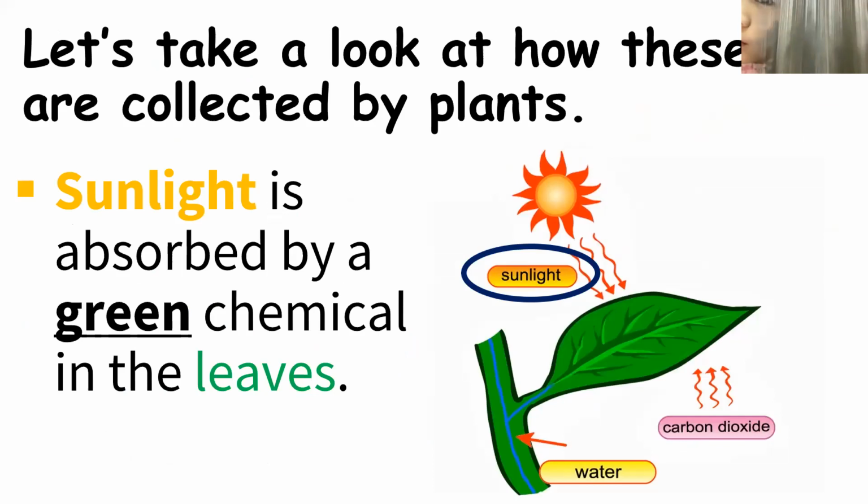The water will be absorbed by the roots and the stem will carry it to the leaves, and then the carbon dioxide is absorbed by the leaves of the plants, and then the sunlight will be absorbed by the green chemical in the leaves, which is the green pigment called chlorophyll.